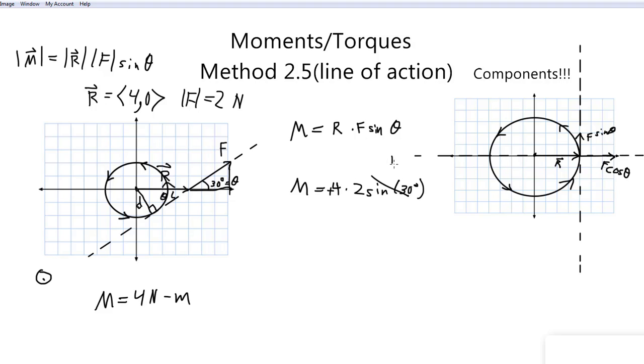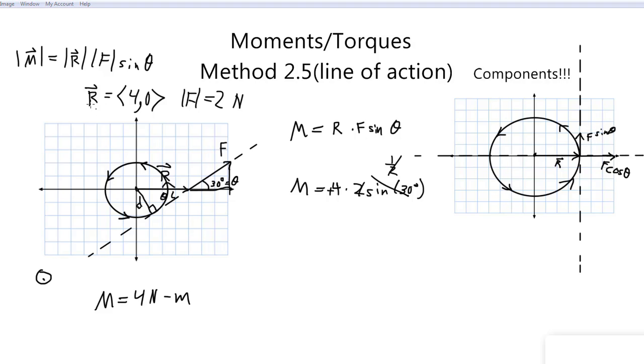So this is going to be a half, those cross out, and then you're just going to get 4 Newton meters again. I prefer you to do it this way, just because it's so much easier to break things up into components, and they have very nice distances to the line of action, just because you're in the Cartesian form already.